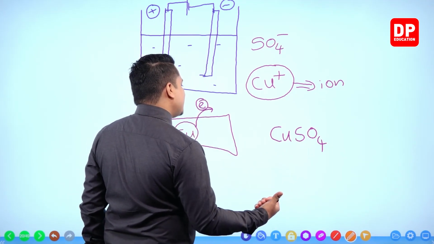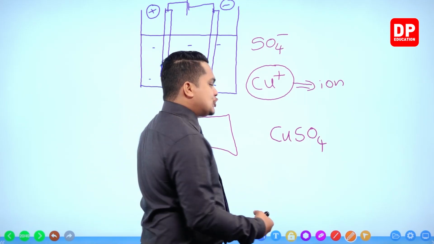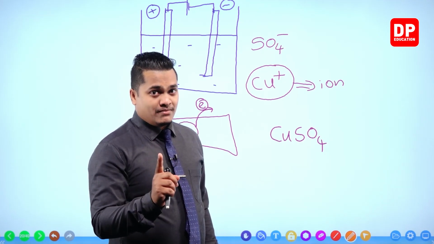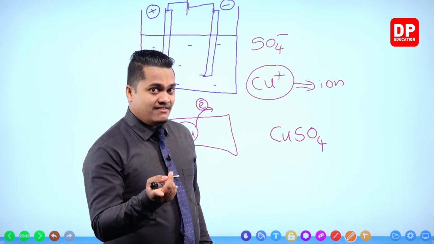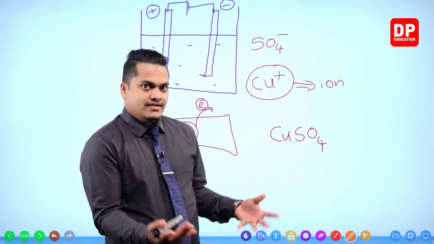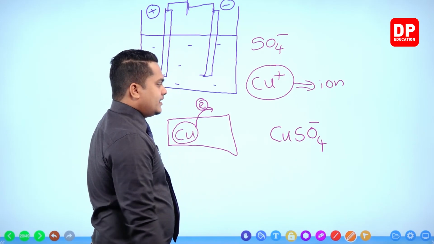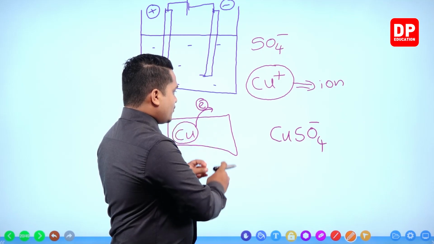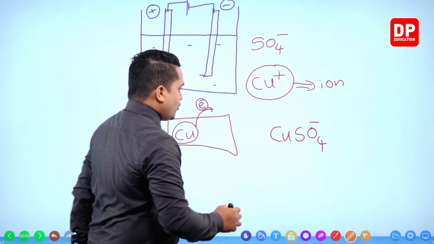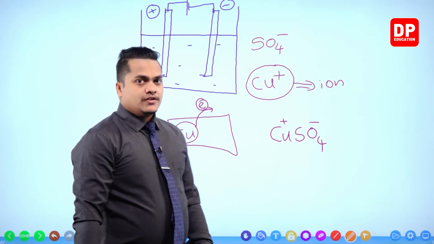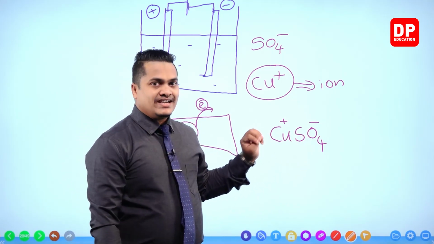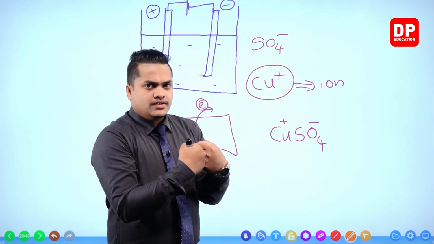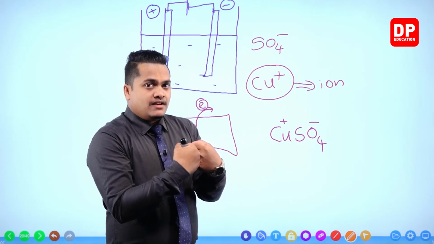Sulfate then receives that electron, and because of receiving electrons, which are the bad behavior, can you remember? Electrons, negative, bad behavior. So it becomes negative. Upon removing an electron and giving it to this one, copper receives a positive charge. These positive and negative charges are static electrical charges, so they get bonded to each other, creating the copper sulfate compound.